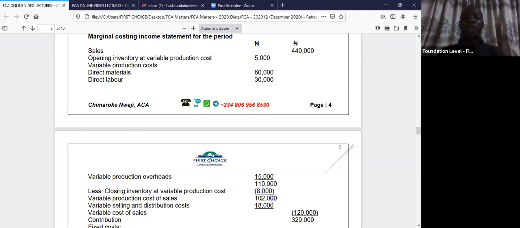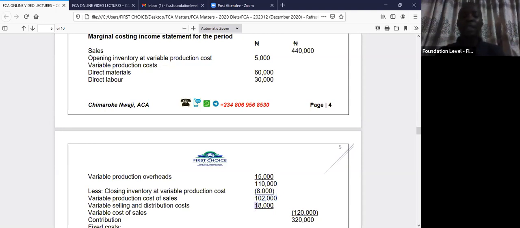This 102,000 is your variable production cost of sales. So in all your production process, the variable aspect has given you 102. We still have some other things you need to spend before you sold the item. These are selling and distribution costs. The variable part of it is 18,000.